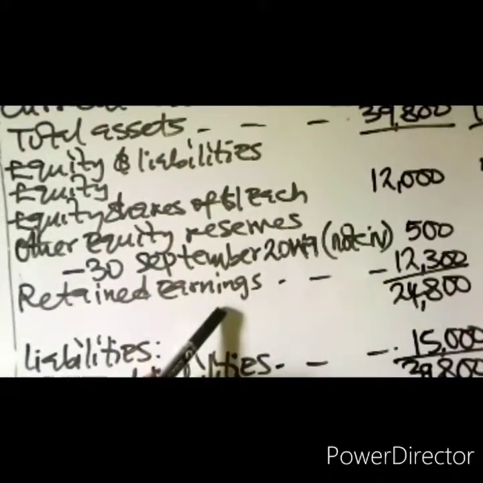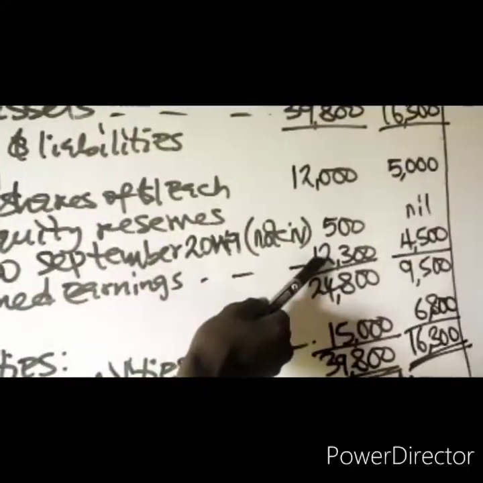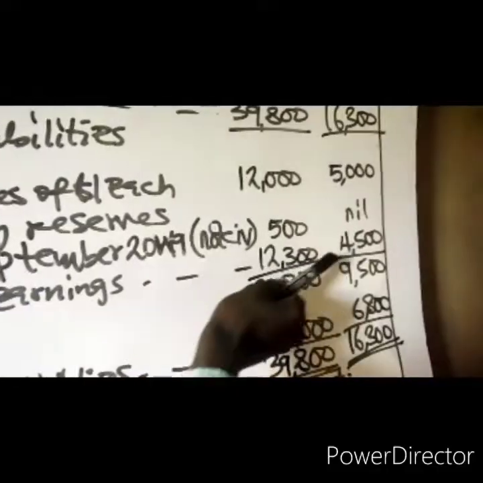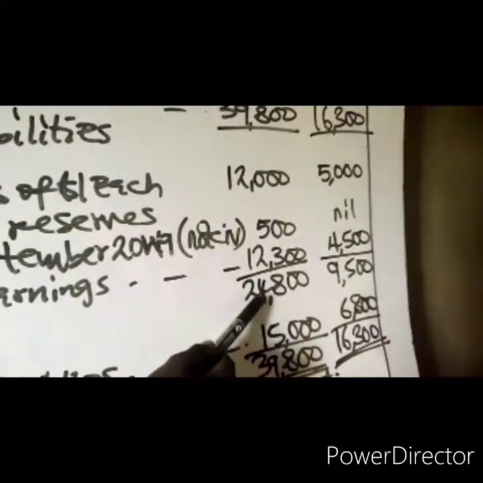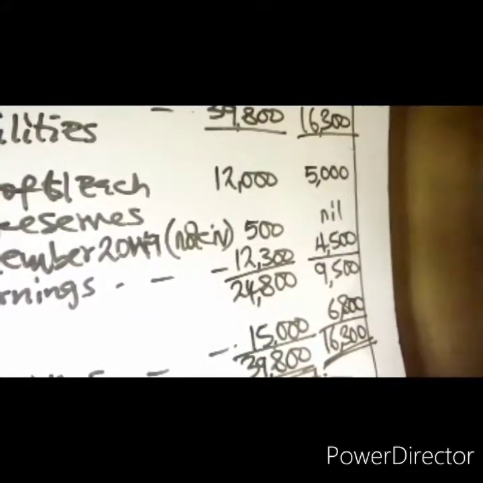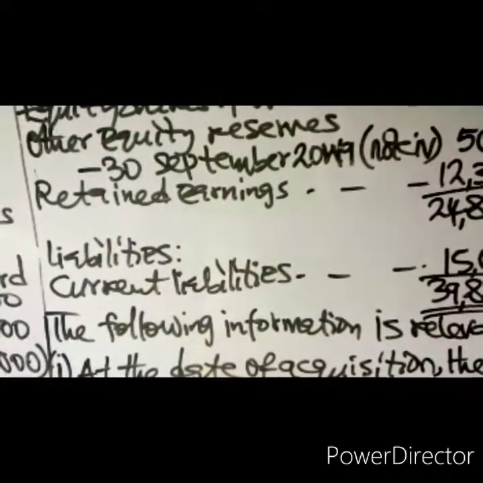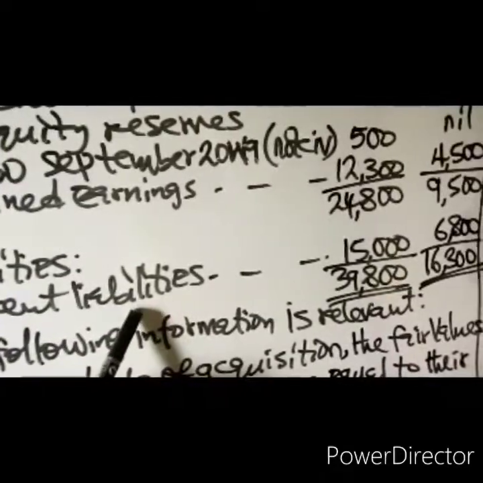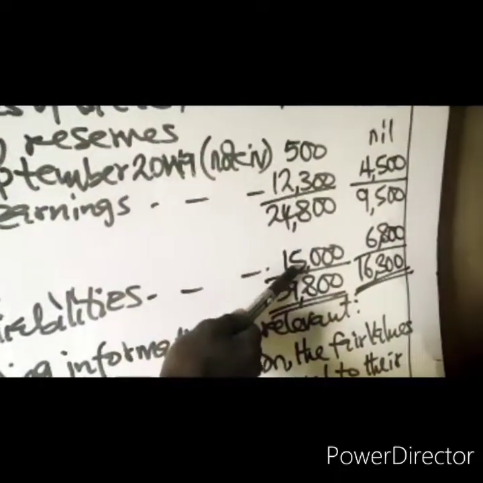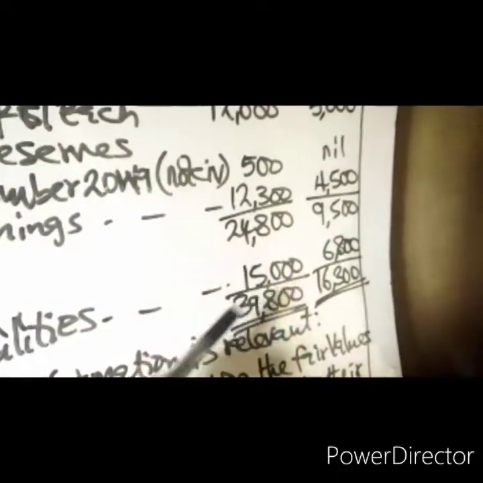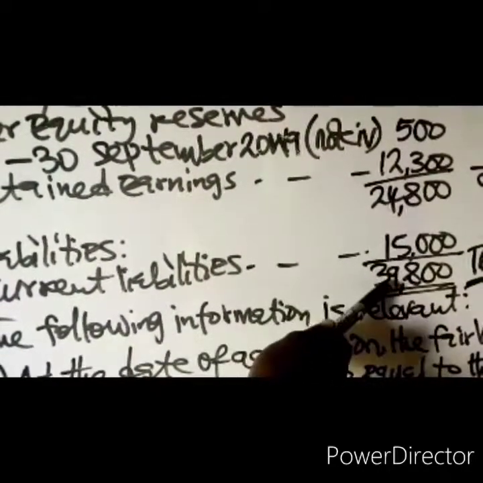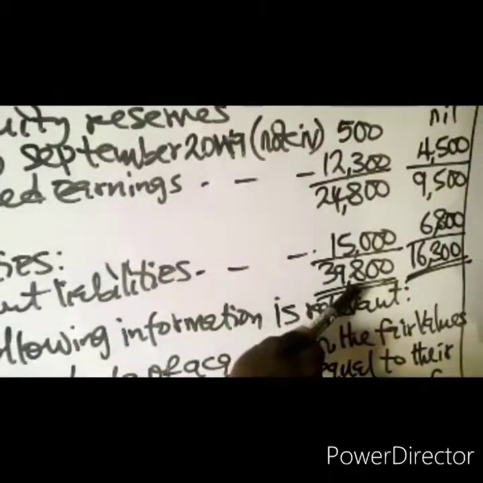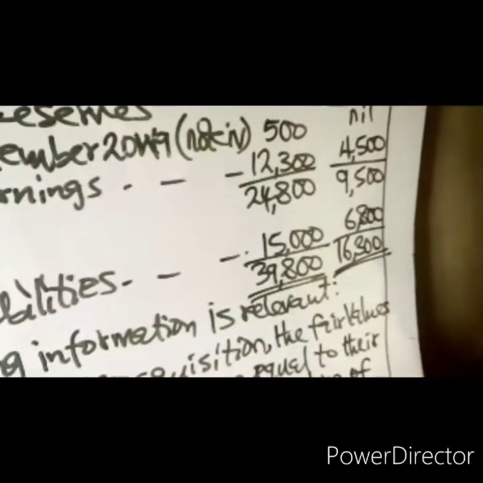Retained earnings, we have 12,300 and 4,500. The total equity is 24,800 and 9,500. Liabilities, we have current liabilities of 15,000 and 6,800. Then we have the total equity and liabilities of 39,800 and 16,300.